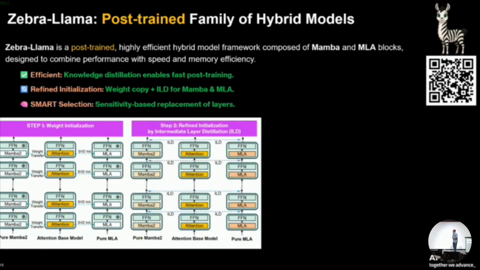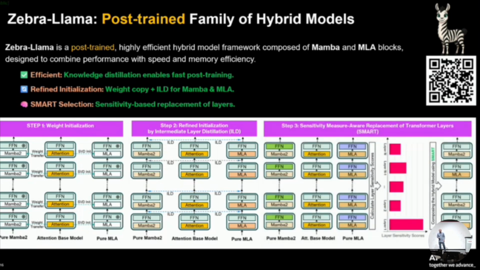In the second stage, aside from initialization, we have another refining solution to improve the approximation of the weight initialization we had in step 1. So we do another intermediate layer distillation to match the output of intermediate layers between our pure MLA, pure Mamba, and the base attention model we have.